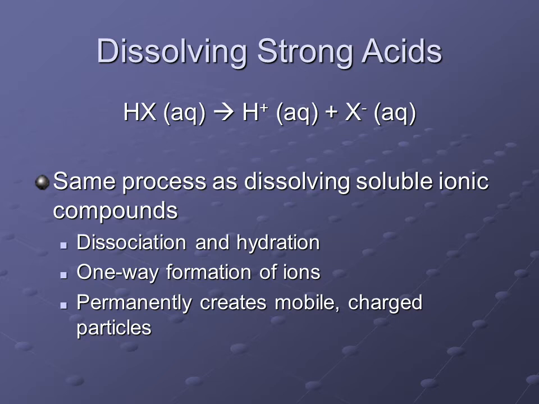It's basically the same process as dissolving soluble ionic compounds, and much like dissolving soluble ionic compounds, you have dissociation, which in this case is the breaking apart from the molecule into the ions, and hydration, which is association of water molecules with the resulting ions. Just like with soluble ionic compounds, this is a one-way process that ends up creating ions. So just like with soluble ionic compounds, you permanently create mobile charged particles.